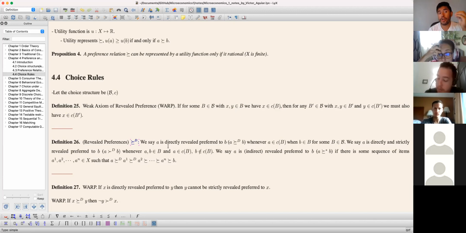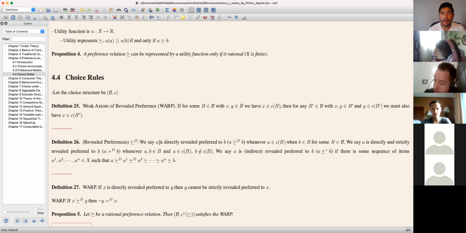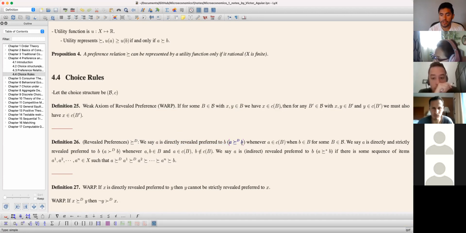I'm going to ignore anything you say. I cannot look at your brain directly, so I'm just going to see what you choose. And then I declare that A is directly revealed preferred to B with this notation, A in relation with B, but with this superscript capital D, right?